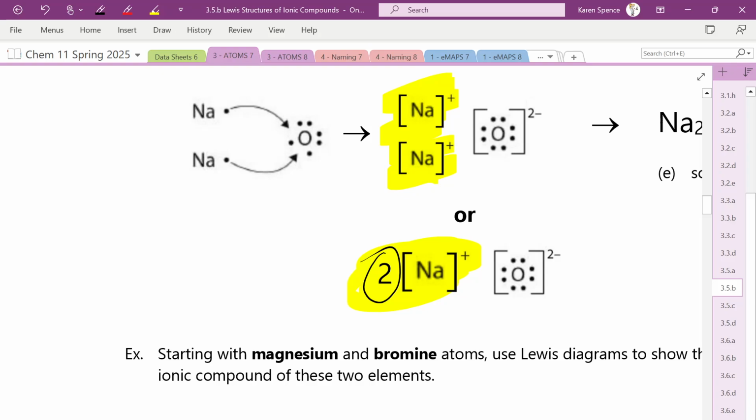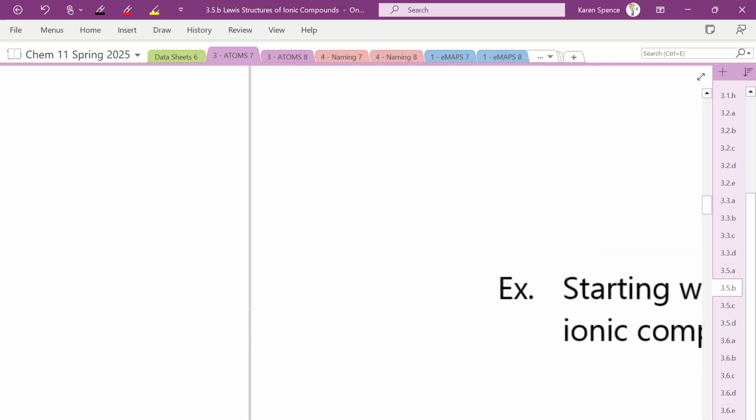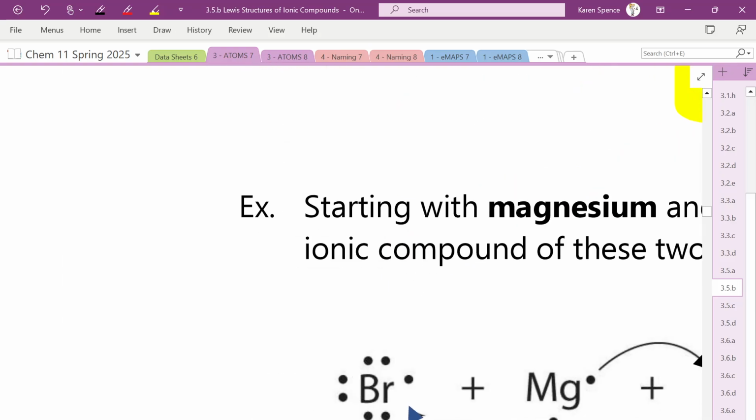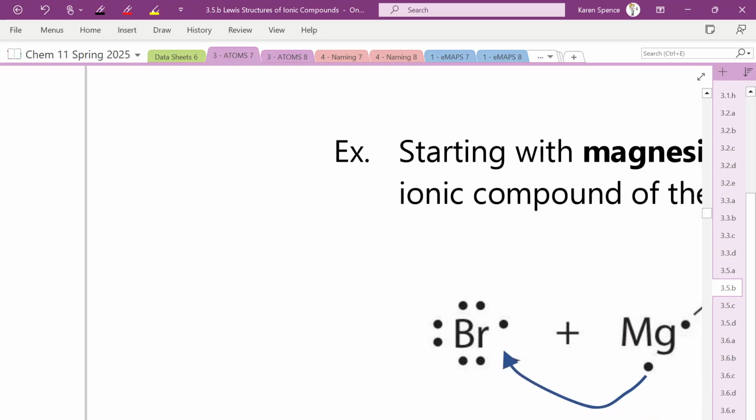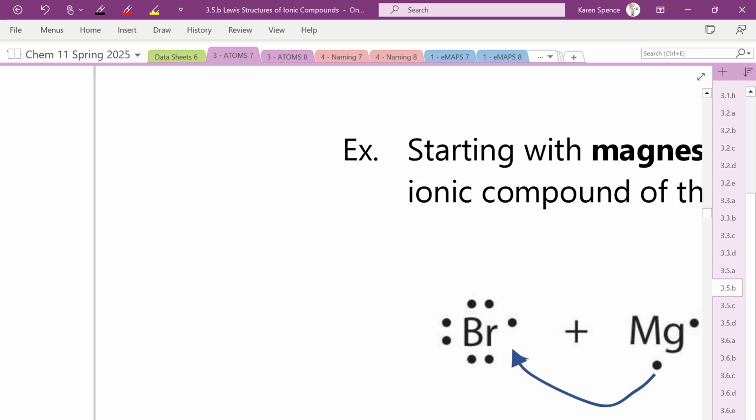Magnesium and bromine. We're going to have the same sort of a problem. Here's magnesium. Magnesium has 2 electrons. Bromine has 1 gap. Here comes the electron. Is bromine satisfied?